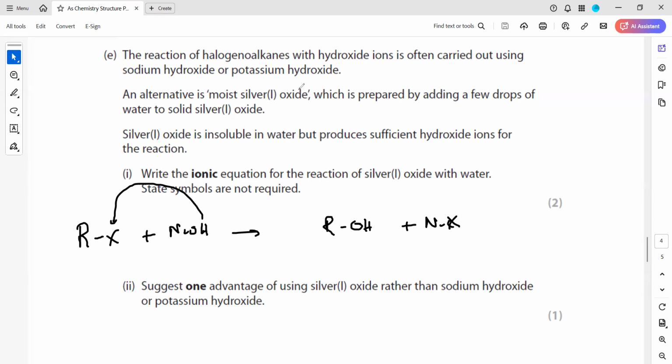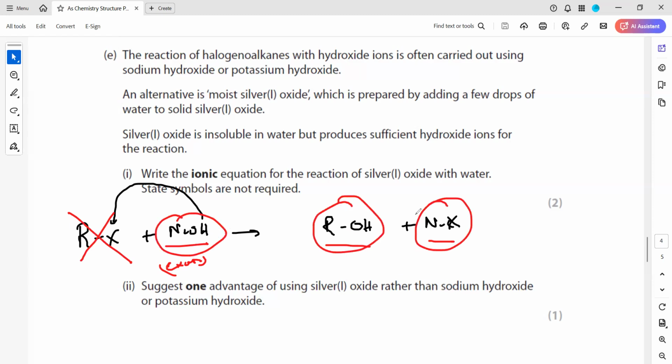But what if we had excess sodium hydroxide, more than enough? Then we are left with sodium hydroxide, alcohol and a sodium salt.